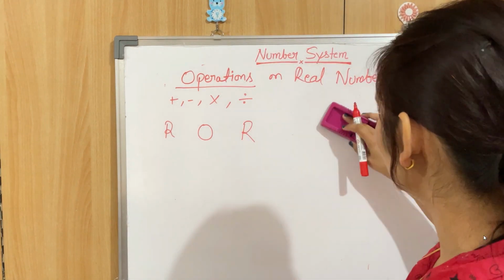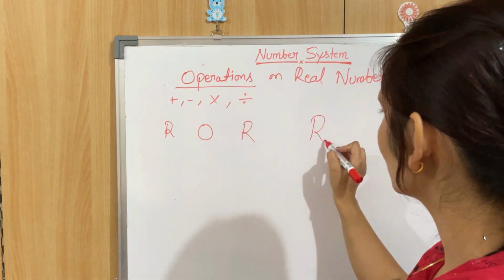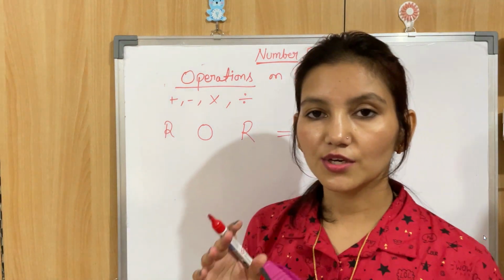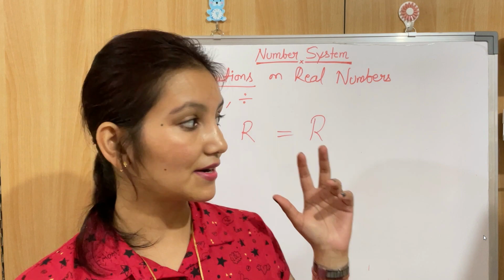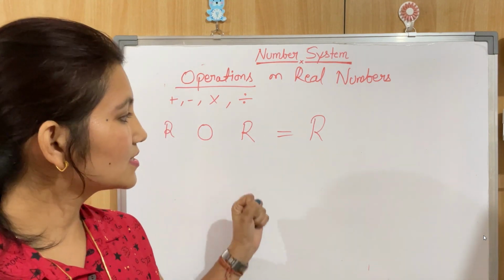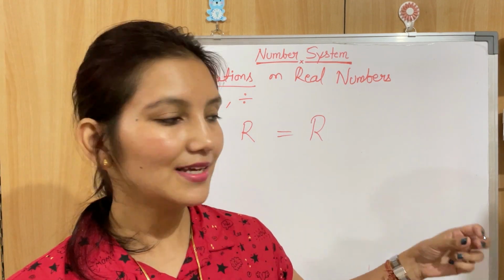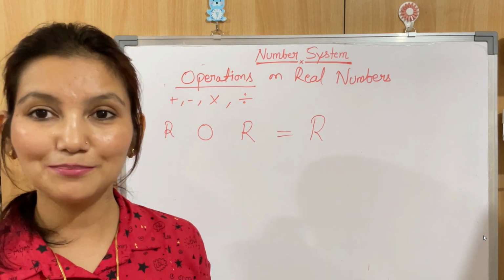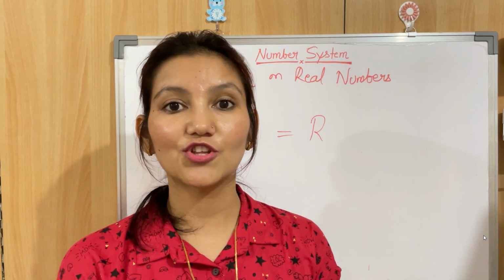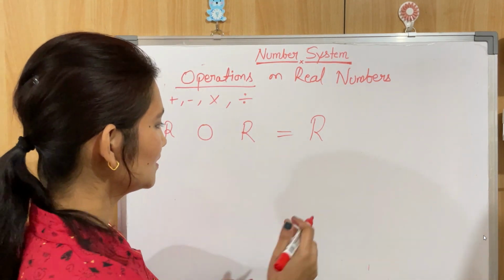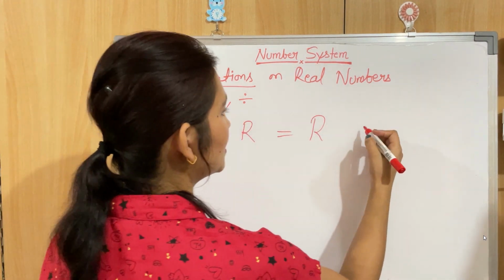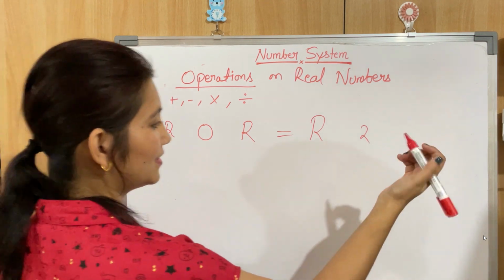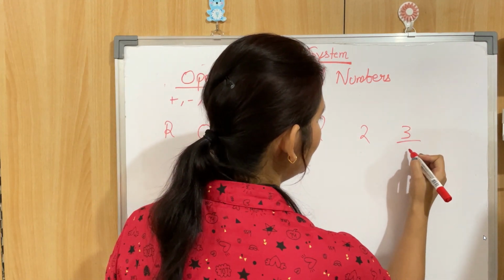The result will be a rational number. So if any of these operations is performed between rational numbers, then the result will be a rational number. Let's take an example, because examples generally make things more clear. Let's take any rational number, let's say 2, and another rational number, let's say 3 upon 4.